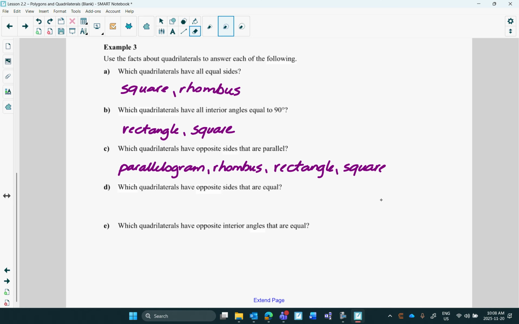Which quadrilaterals have opposite sides that are equal? Would you agree it's all four of these again? Opposite sides equal? Yeah. So I'm just going to say that, instead of having to write them all over again.